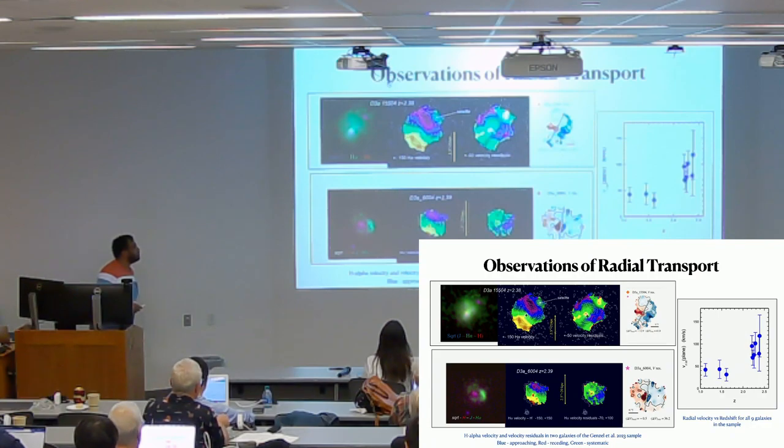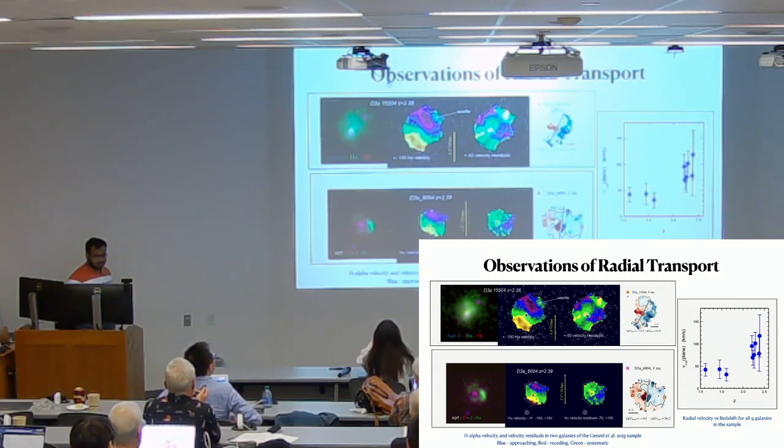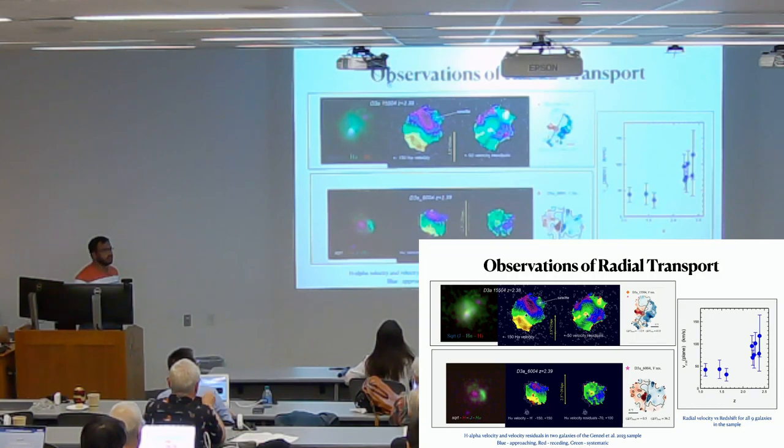Unfortunately, Reinhard Genzel was supposed to be here and talk about his observations of radial transport, but he couldn't be here. So I'm going to briefly summarize his observational results, which is the motivation for my theoretical work.